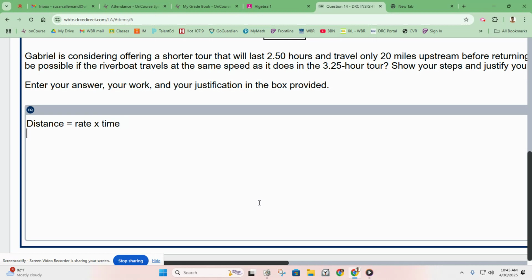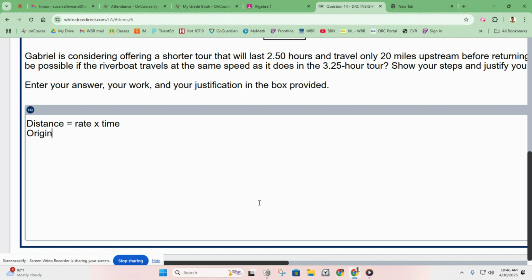After this, I'm just gonna use the D, R, and T. I don't need to write that word out every time, but I started out telling everyone what my variables mean. In order to determine if the new tour is possible, knowing that the new tour is using the same speed, I need to find out how fast the boat was originally going.